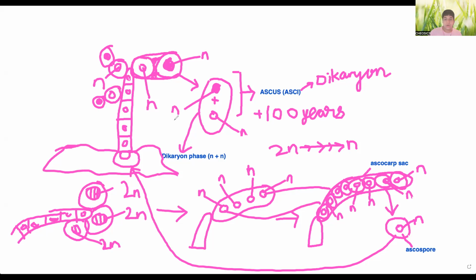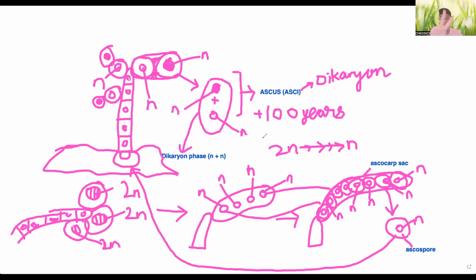So there's a lot of stuff happening here. You get your spores, your ascospore. It's haploid in nature. Another spore lands on this one. They conduct plasmogamy. Karyogamy doesn't take place for around 100 years. Once it does take place, you get a large sac kind of structure. Haploid nuclei conduct meiosis.